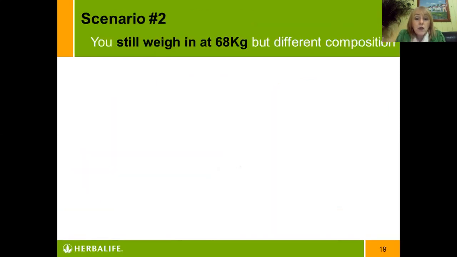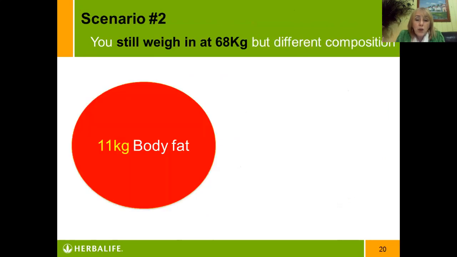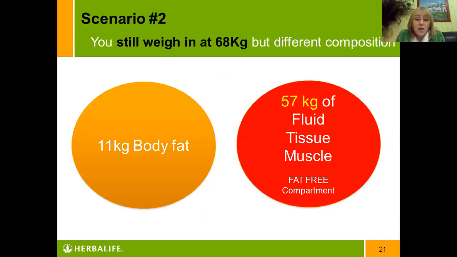Scenario 2. You will still weigh in at 68 kilos, but a different composition. This time your body fat compartment is 11 kilos, and your fat-free compartment is 57 kilos. That's fluid, tissue, and muscle.